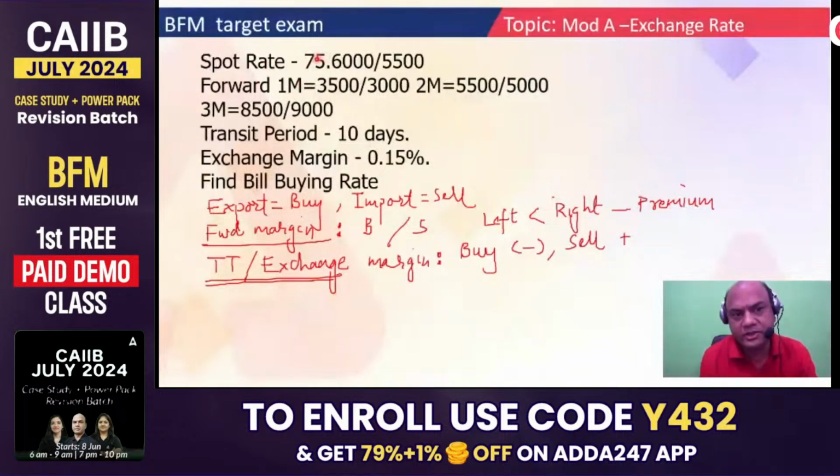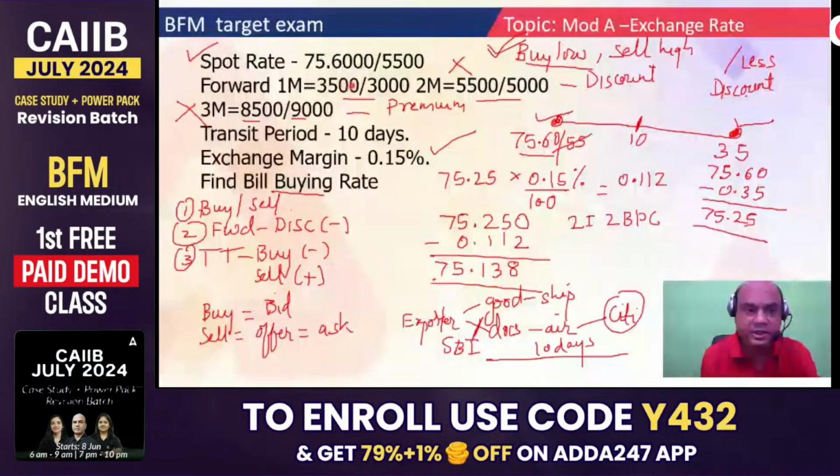So if somebody asks you on the spot rate whether the currency is in premium or discount, you say we don't know, because premium is always decided on the forward rate. So for 1 month it's given. Now from here I can say the currency is in discount. Why? Because right side is smaller, left side is bigger. But from here I cannot say, because this is a spot rate. Got it? So now the currency is in discount.